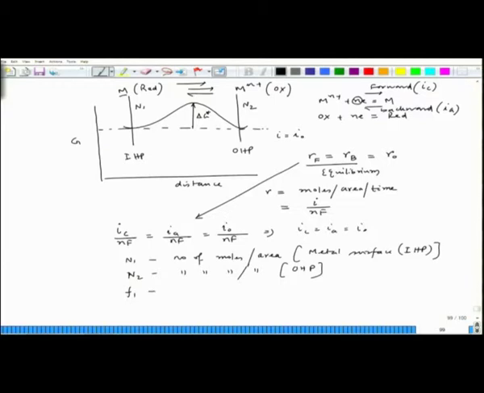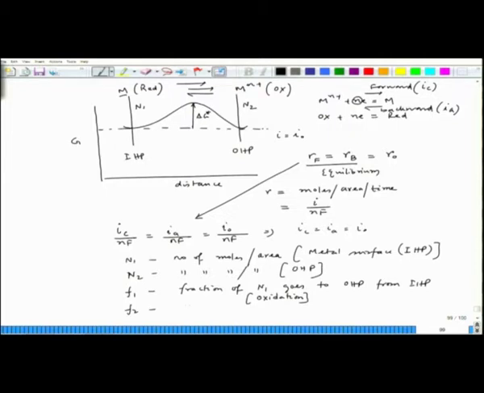F1 is the fraction of N1 that goes to OHP from IHP. So, this is nothing but oxidation.